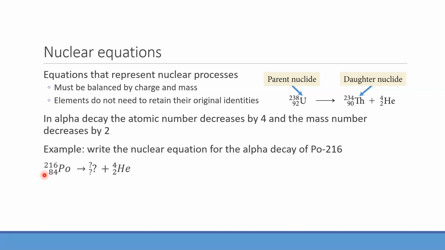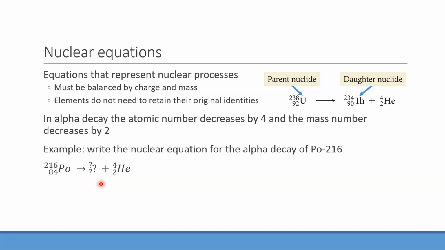You will want to make sure that you have access to a periodic table when you are working with this type of material, because you'll have to look them up to get your number of protons. So it's polonium-216, it has 84 protons, and then it's going to decay to a new element and a helium atom. So what you do is you subtract 4 from 216 and 2 from 84 to fill in these numbers.